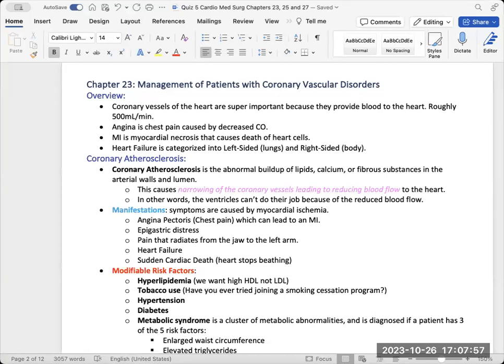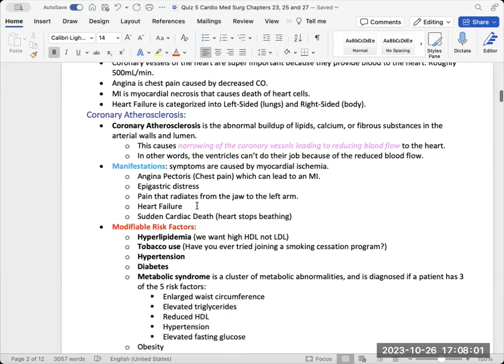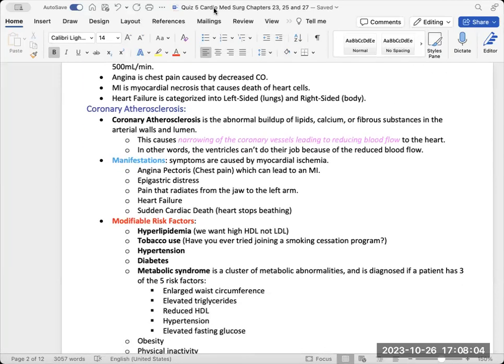But yeah, so the first thing that I want to talk about is coronary arteriosclerosis. I'm very bad at pronouncing things, so I apologize. But the thing about this disease is that it's a buildup of lipids, or it basically causes plaque formation in the arteries. So you're going to get a buildup, which is going to cause obstruction of blood getting to the heart.